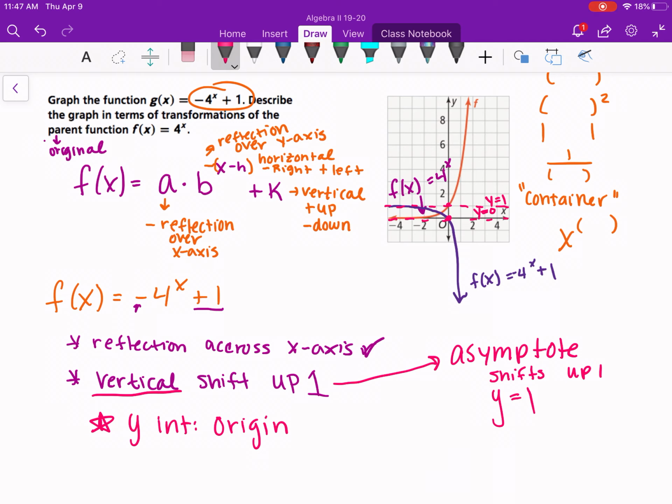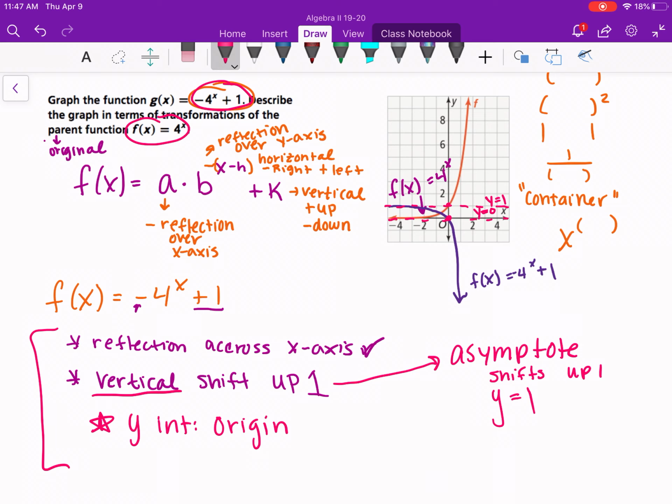If the vertical shift was down 2, then the asymptote would shift down 2, okay? For transformations, remember, you can always graph them. Graph your parent function and then graph the new one. And that'll help you kind of itemize what happened to each asymptote and the y-intercept and, you know, reflections.